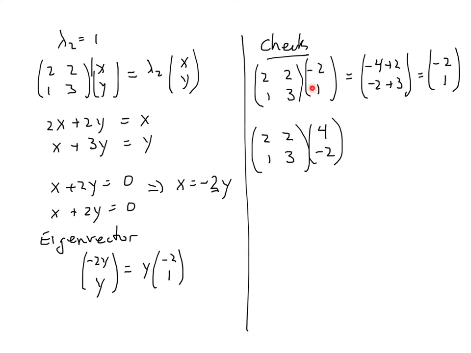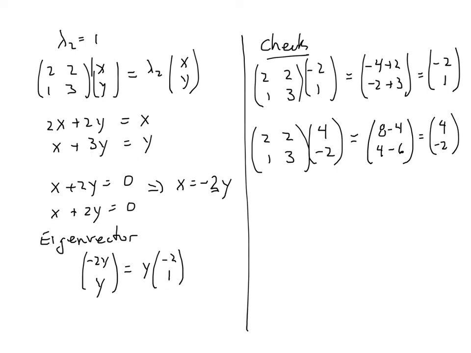If I take this eigenvector, multiply it by negative 2, I get a 4 minus 2. That should also be an eigenvector, and if all goes properly, this matrix times 4 minus 2 should again give me 4 minus 2. And sure enough, I get an 8 minus a 4, and I get a 4 minus a 6, which leaves me with a 4, negative 2.